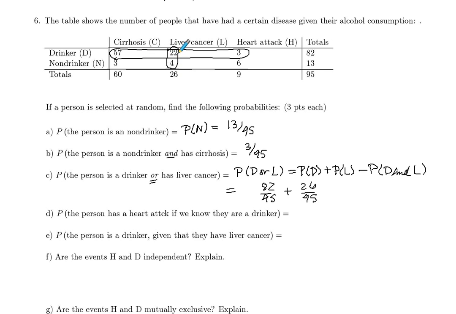So we have to subtract that 22 out that got double counted. So subtract out 22 out of 95. So we got an LCD, 82 plus 26 minus 22. And that gives us 86 out of 95.